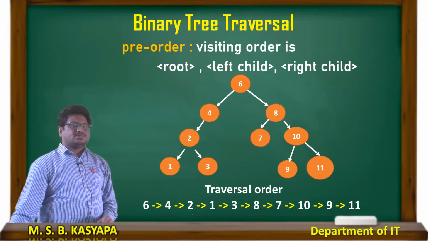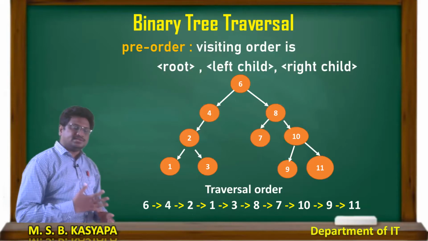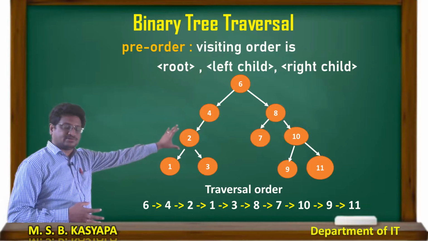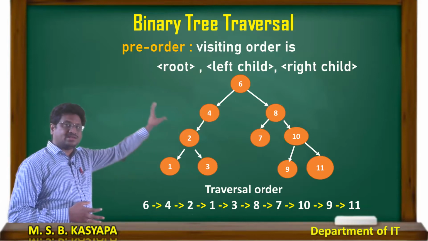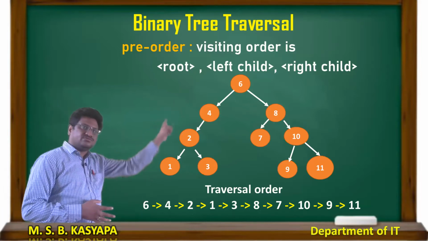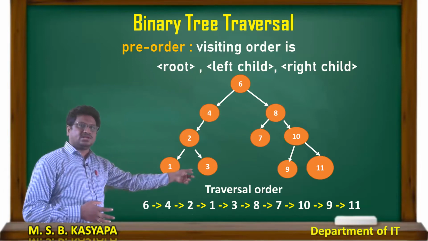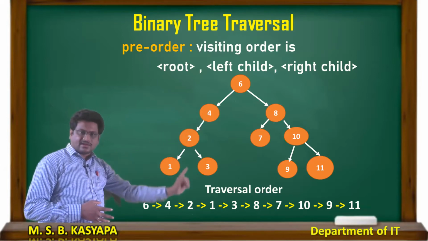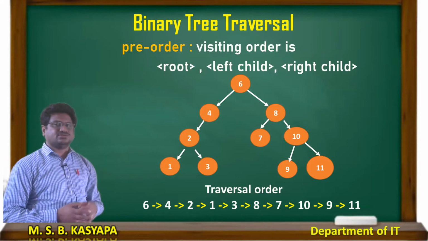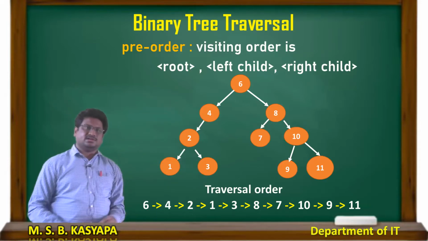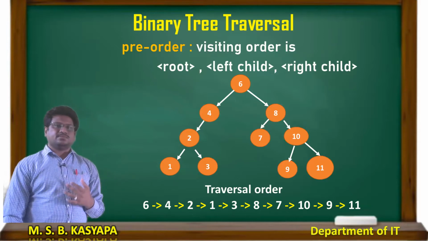If I do the traversal for this particular tree using pre-order, my order is 6, 4, 2, 1, 3, and 8, 7, 10, 9, 11. So first root, then left child, after that right child.